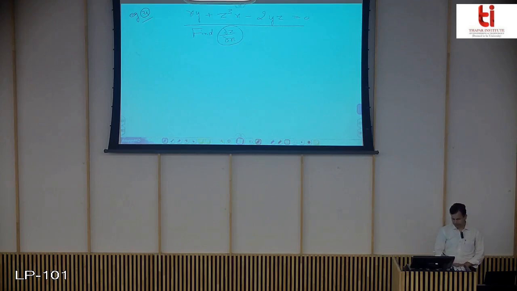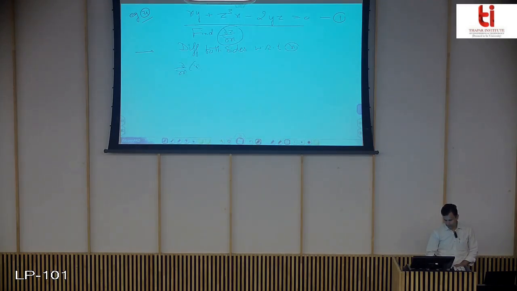Now again, differentiate both sides with respect to x. Y is treated as a constant because x and y are independent. Let me make it clearer by taking one term at a time, because here you may have confusion.